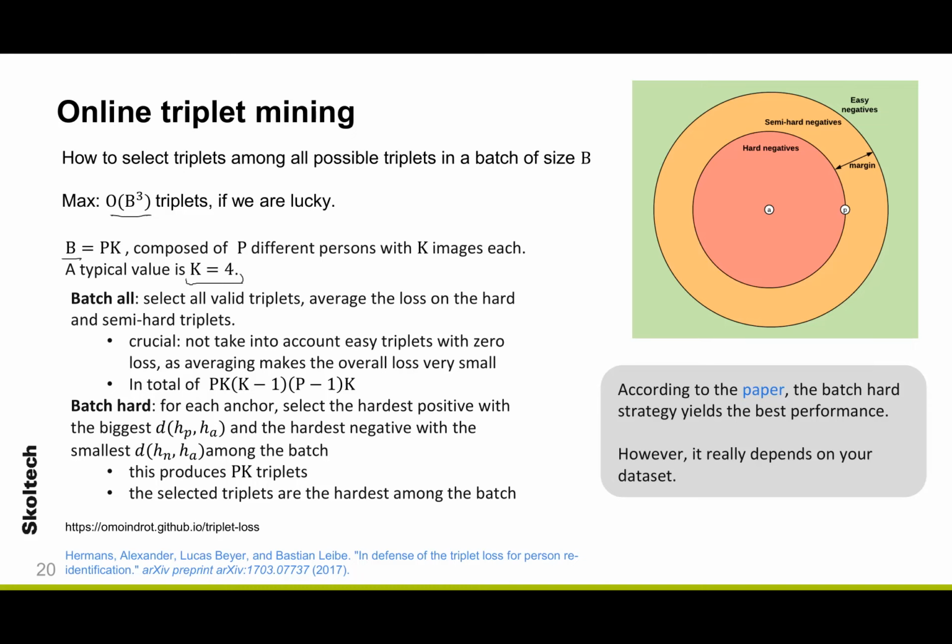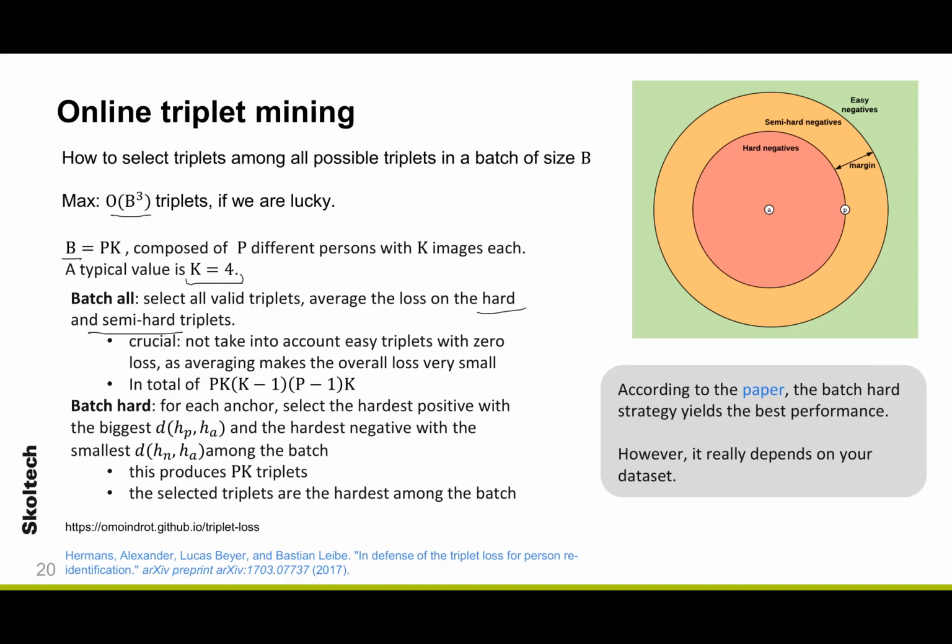It's interesting that you should not count the triplets with 0 loss, because if you average them in, we have overall very small loss at later stages, and this will slow down our training. So basically, we just look at hard and semi-hard triplets to work with.